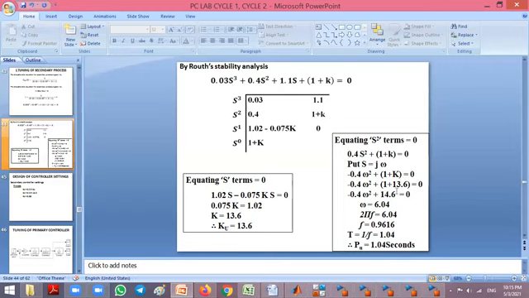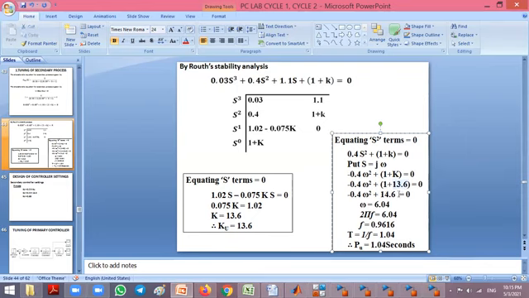You put the value of k, in the place of k, the value you have got here for Ku. So here the equation will become 0.4 omega square plus 1 plus 13.6 is equal to 0.